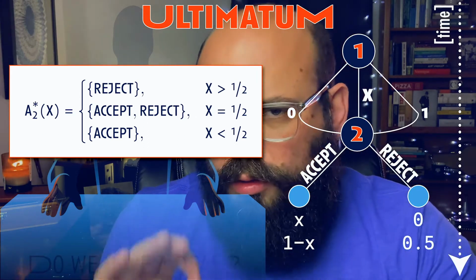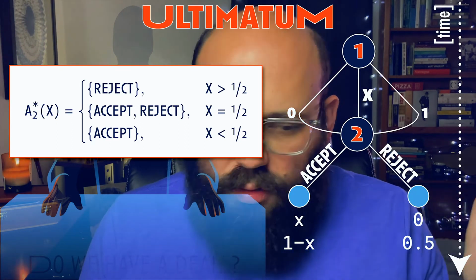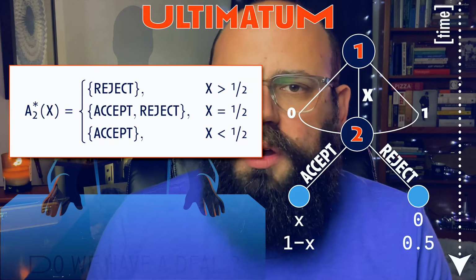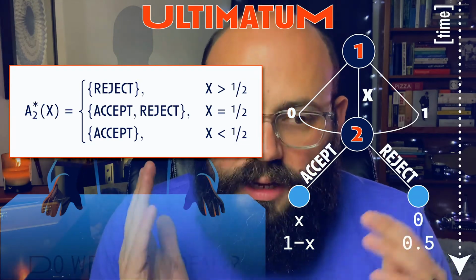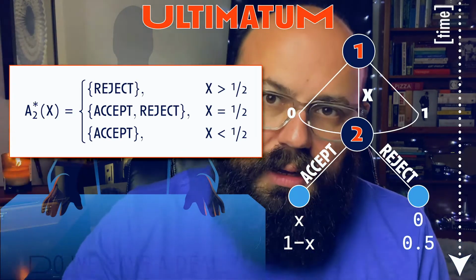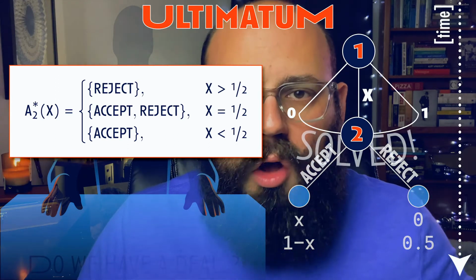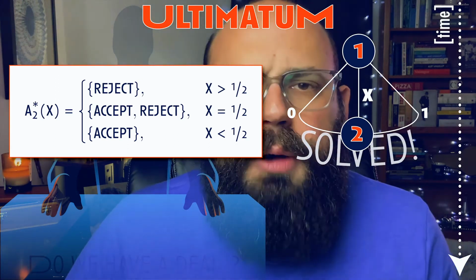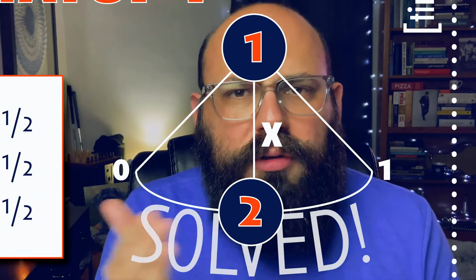So the only sequentially rational thing: they always accept if x is less than 1/2, they always reject if x is more than 1/2, and if x equals 1/2, they could either be the accepting indifferent person or the rejecting indifferent person. Consider those nodes solved. Now we go up a step. Let's think about player 1's utility for all of the respective x's.